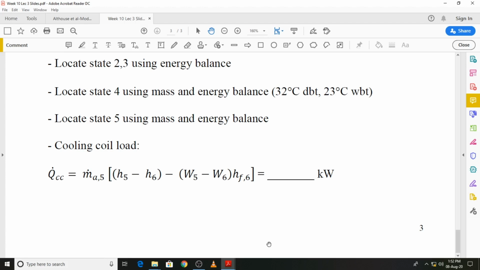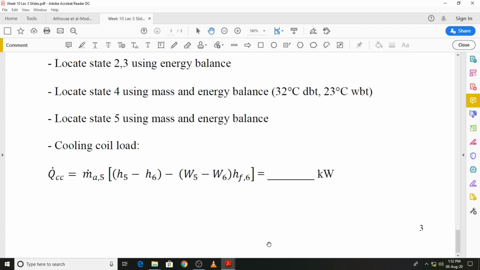And once we have got all these states, the only thing that remains to be found out is the cooling coil load, and for the cooling coil load we have the equation that we had used earlier as well. Of course the symbols are different this time, but the basic equation remains the same.